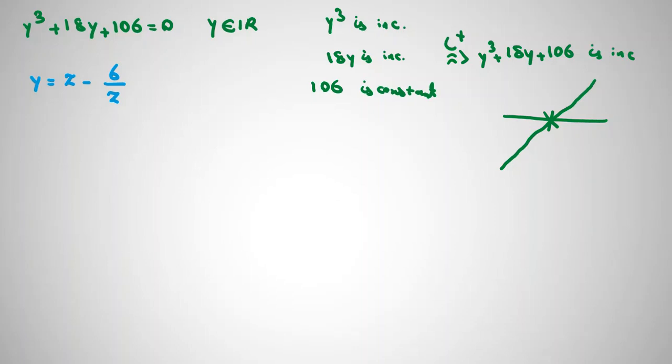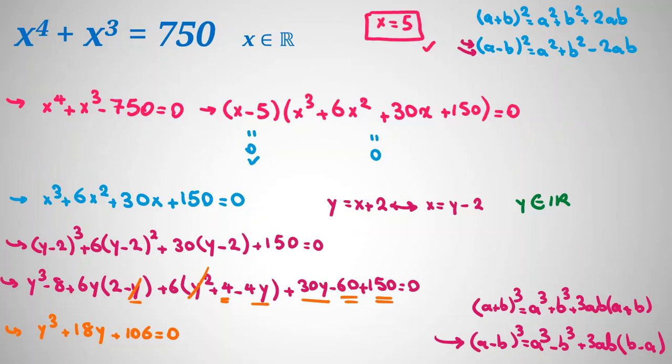Okay, let's replace. y cubed will be z minus 6 over z, cubed, plus 18 times z minus 6 over z, plus 106 equals 0. Now I use the previous formula: a minus b cubed is a cubed minus b cubed plus 3 times ab times b minus a.